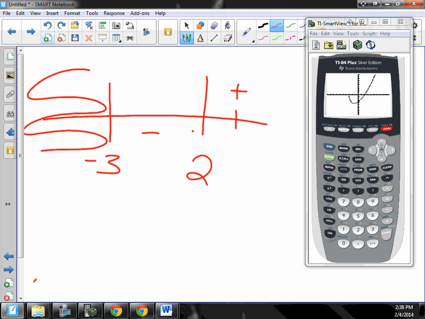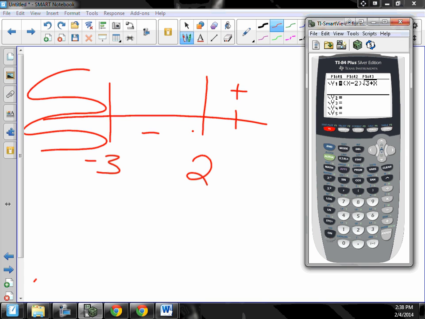So now we want to plug this graph into our calculator. So type in x minus 2 times the square root of 3 plus x. And push graph.